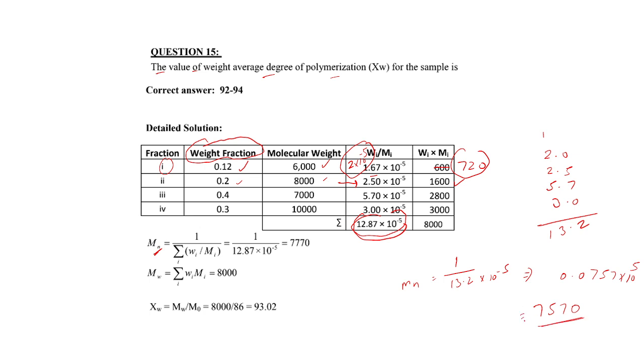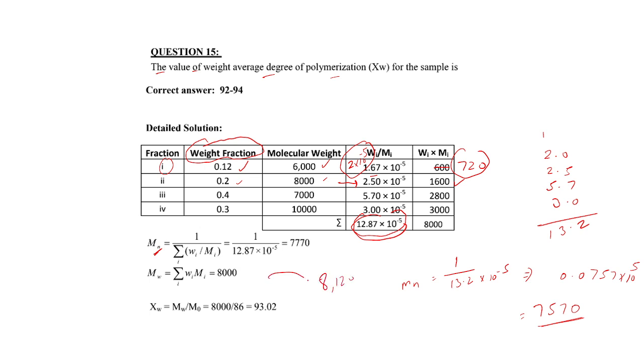So this will be Mn, and similarly for the weight average molecular weight, you can add these values: 720 plus 1600, 2800 plus 3000. Its value will be 8120.